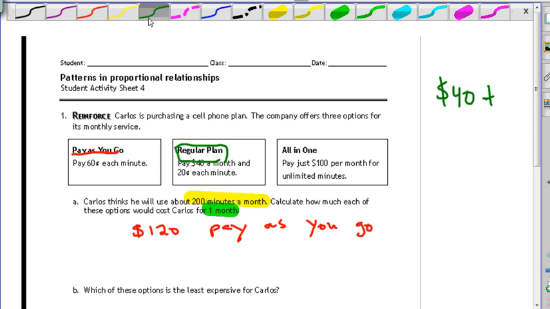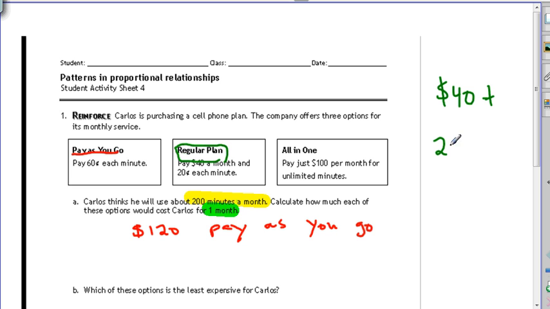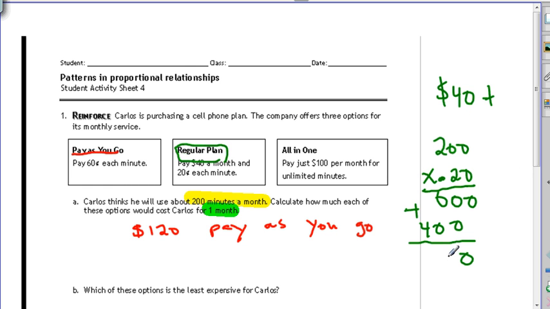So what I have to do right now is multiply 200 times 0.20. Pause it right here to try to do this, and then add it up, and then check your answer here in a bit. So as you guys see, I'm multiplying this out, right?